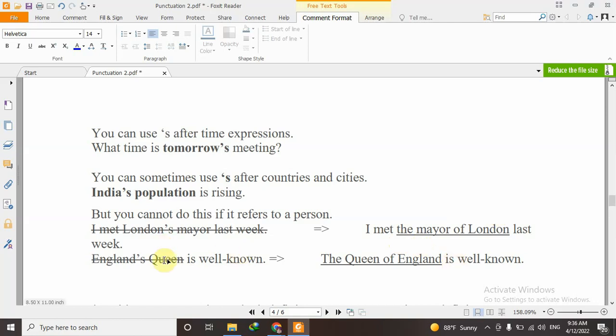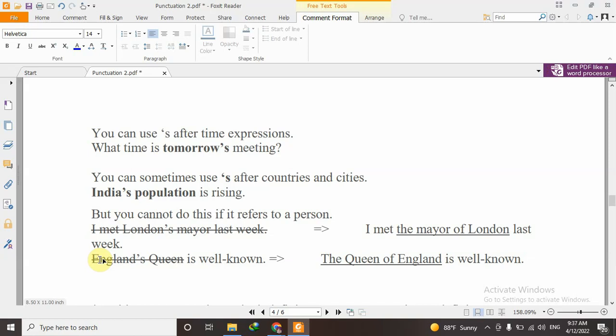Why? Because we are adding a person to a non-living thing. If you are adding a non-living thing to a human being, it is okay, like I said, my brother's book, my sister's car. I am adding a non-living thing to a living thing, it is okay. But doing the vice versa, England's queen, I am adding the queen to England, it is wrong.